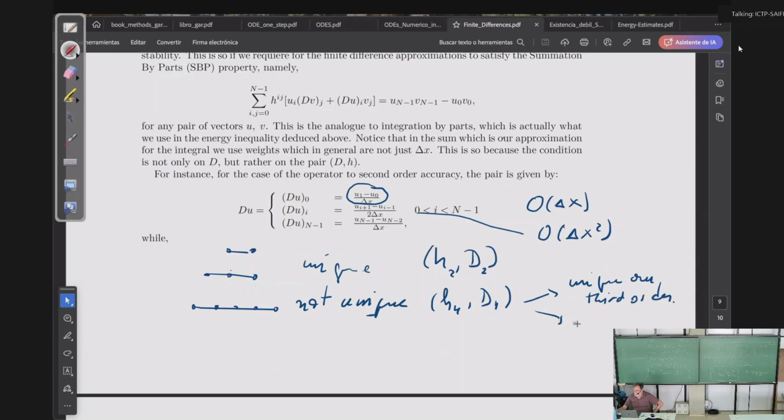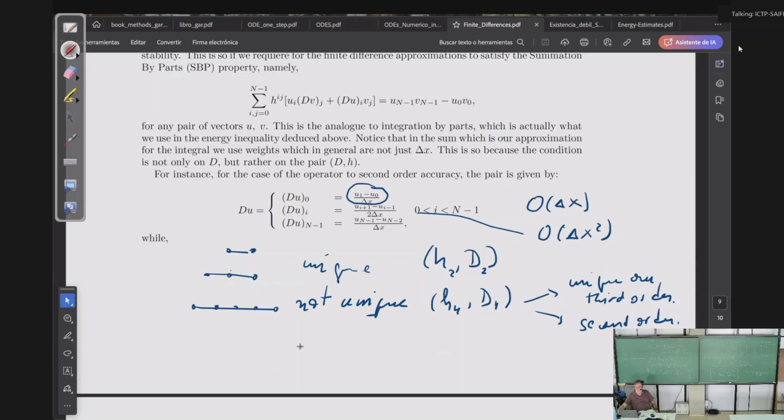And otherwise there are many which are second order in the boundary. And then if you go to higher order, there are many. And there you say, okay, which one of all these I want? And then there are people who have done many different ones, depending on several criteria.